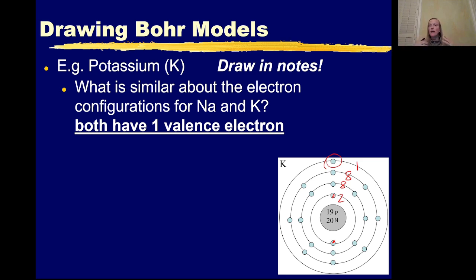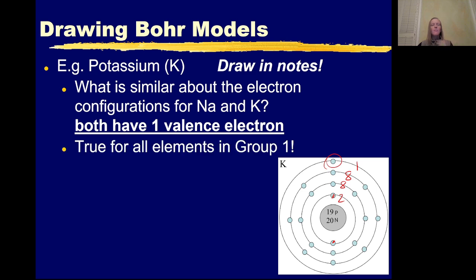They both react extremely vigorously with water. They can catch on fire or release gases that catch on fire. And that super reactivity is true for all elements in group 1 because everything in group 1 has just 1 valence electron.